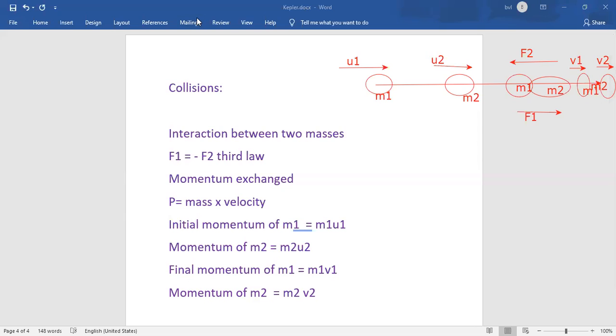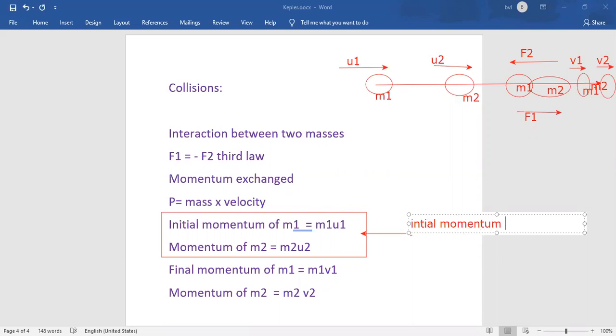So this is the momentum of the system during the collision. This is the initial momentum, with initial values, before the collision.